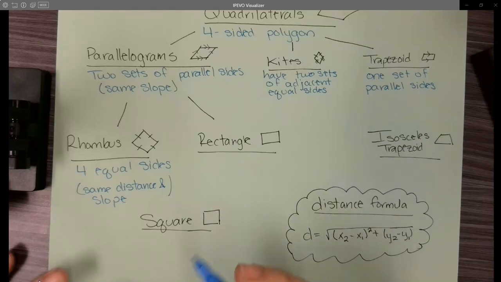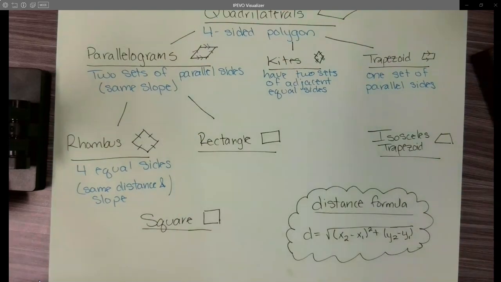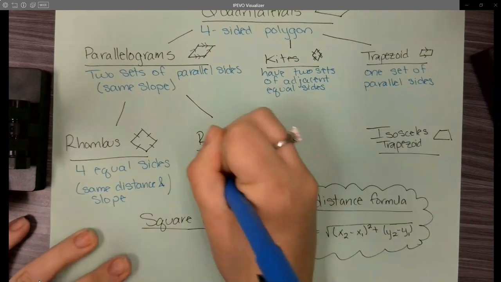Then I have rectangles, which are still parallelograms, so they still have two sets of parallel sides, but they also have four right angles.